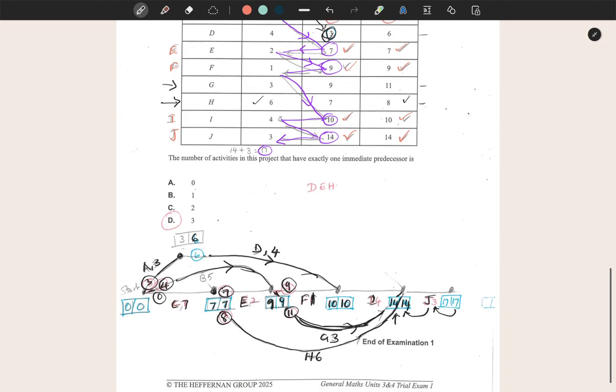So now let's answer this question, how many of these activities have one immediate predecessor?